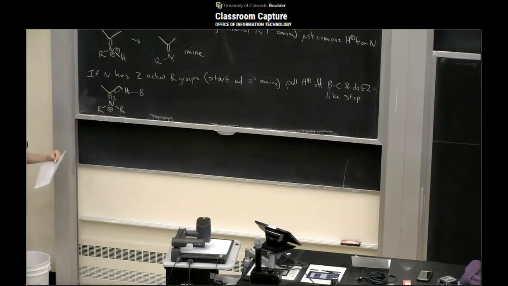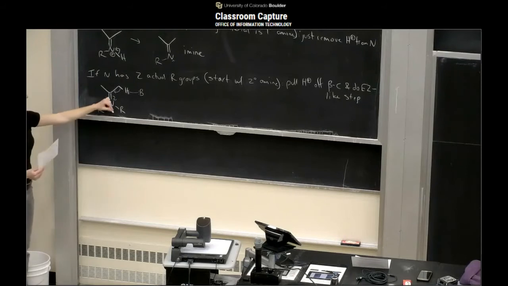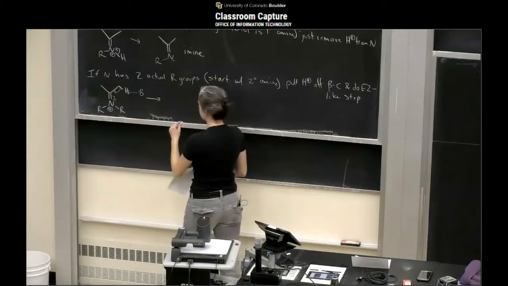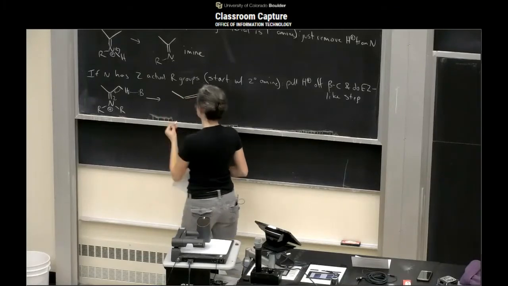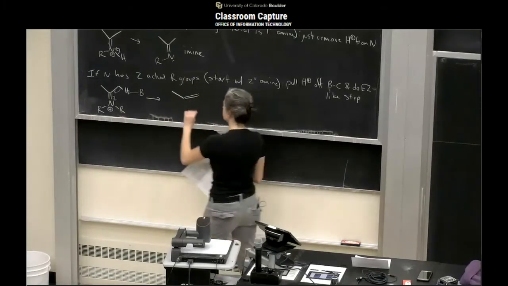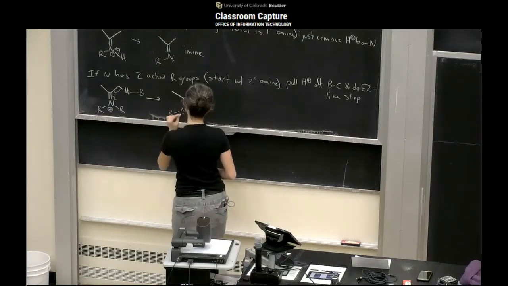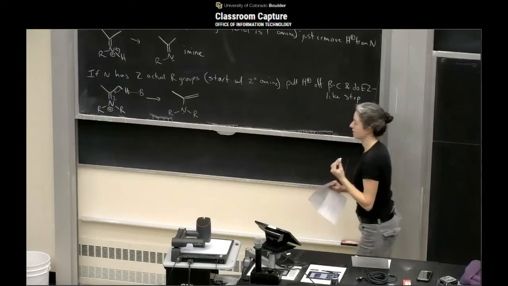So that's kind of your leaving group, such as it is. And that is going to get us a carbon-carbon double bond, just like a real E2 did. So we're making a pi bond between carbons here. And now we're getting this thing forming instead.